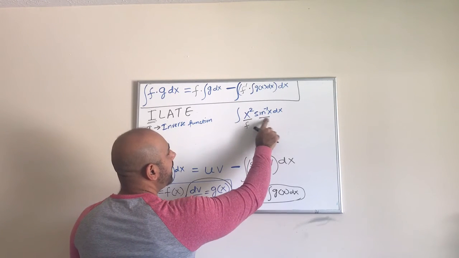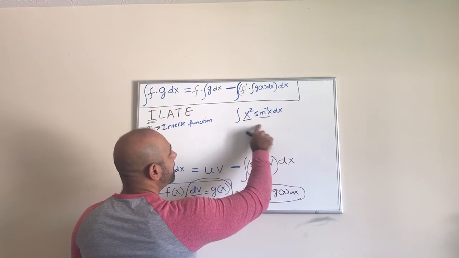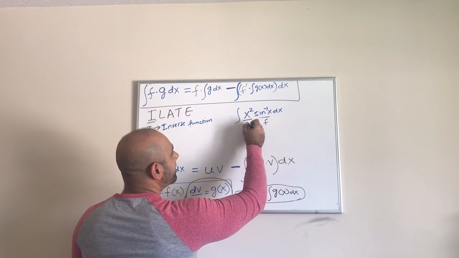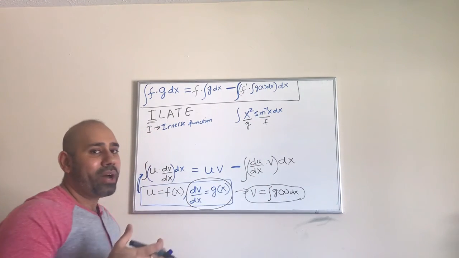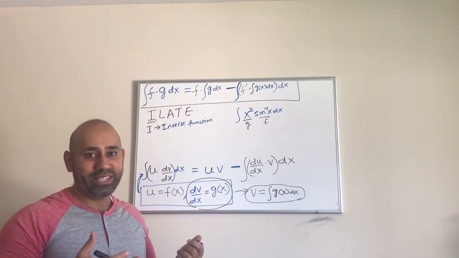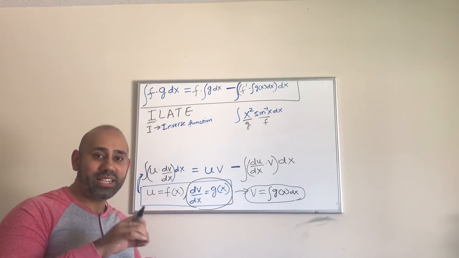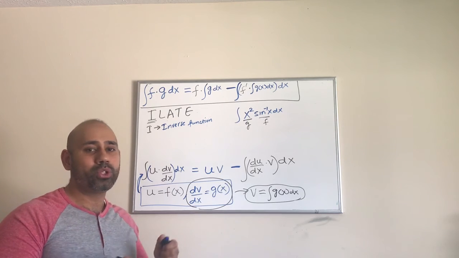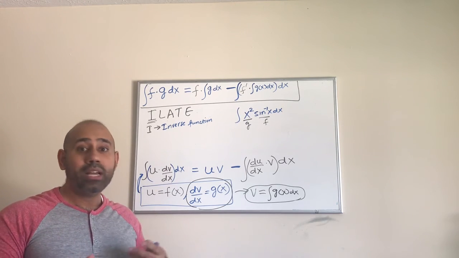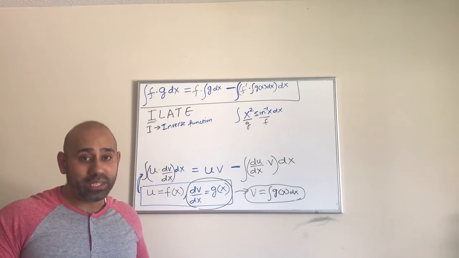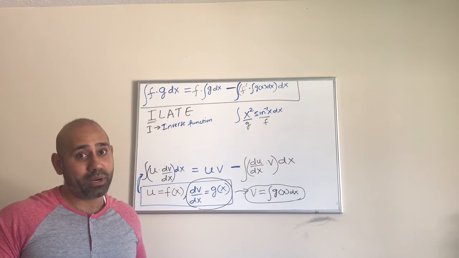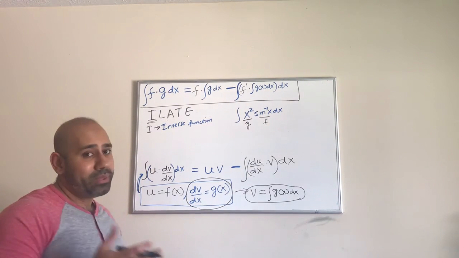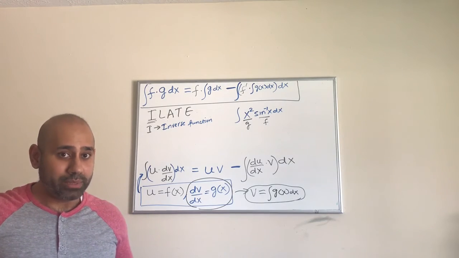Rather, I should rearrange and use sine inverse x as my f and x squared as my g. That's how we'll be able to evaluate the integral. If we do not use the right f and right g, guys, either we will have to do many more steps, or we may not be able to evaluate the integral by the integration by parts method at all. You will see that when we start solving examples.